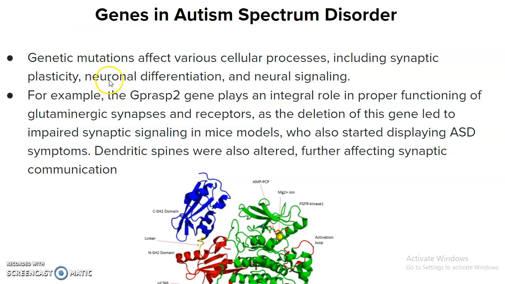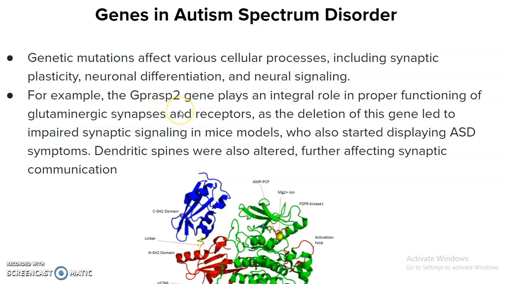And neuronal differentiation is basically how each unique neuron, because there are different types of brain cells, forms and determines which cell it eventually grows into. They also affect neural signaling, or how the cells signal each other.